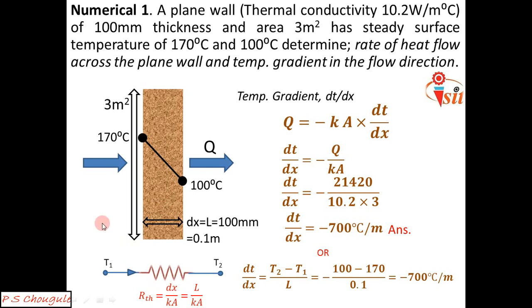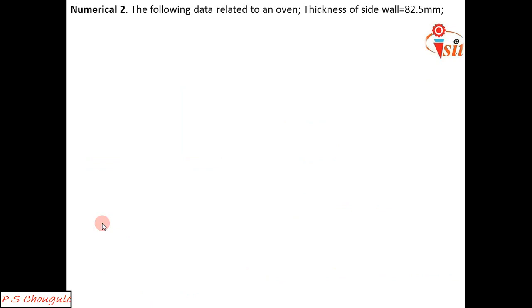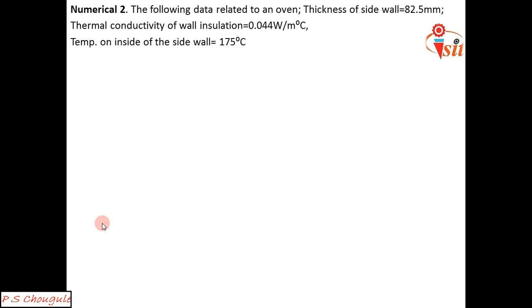Let's take one more example. The following data is related to an oven: thickness of side wall 82.5 mm, thermal conductivity of wall insulation is 0.044 watt per meter degree Celsius, temperature on inside of the wall 175 degrees Celsius, energy dissipated by electric coil within the oven 40.5 watt.